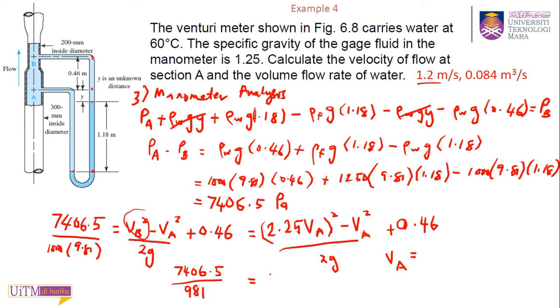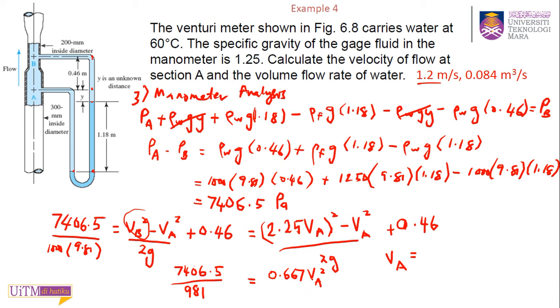I get, dapat tu 0.667 VA squared. And if you divide that 981 bagi 0.667, set answer 3.3.